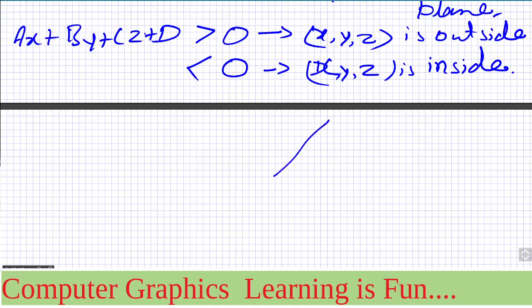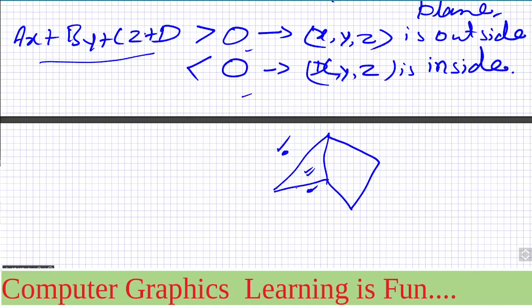In our example also, if this was a plane, whatever we have below this plane will be inside the plane, and the other pixel may be outside of the plane. So for this the value will be greater than 0, and for the other pixel it will be less than 0. And if the pixel is on the plane, then it will be equal to 0.